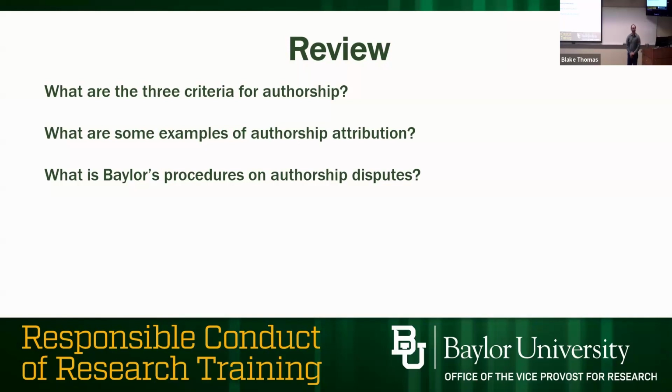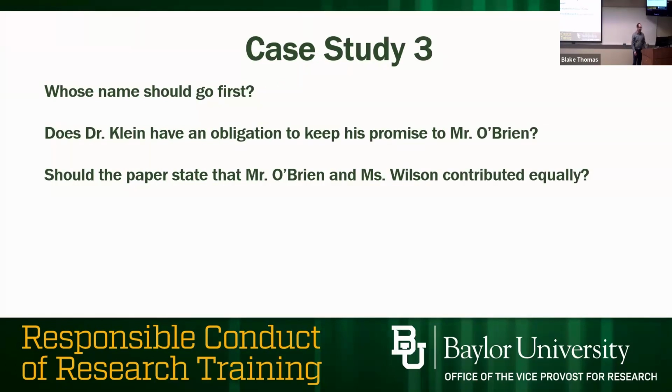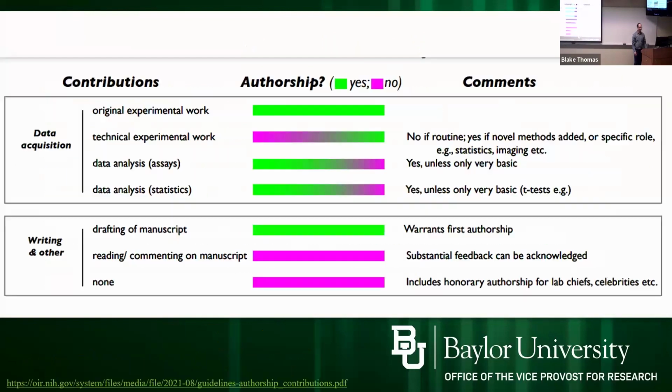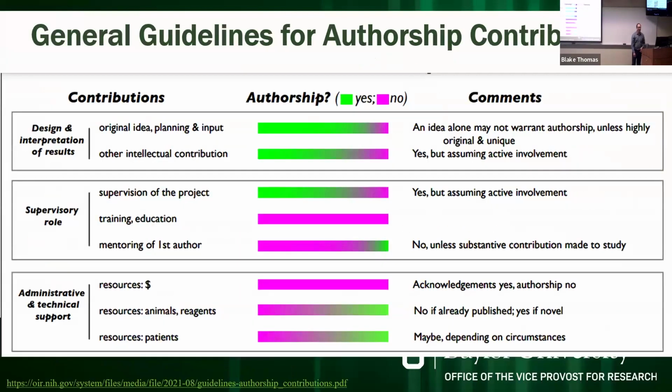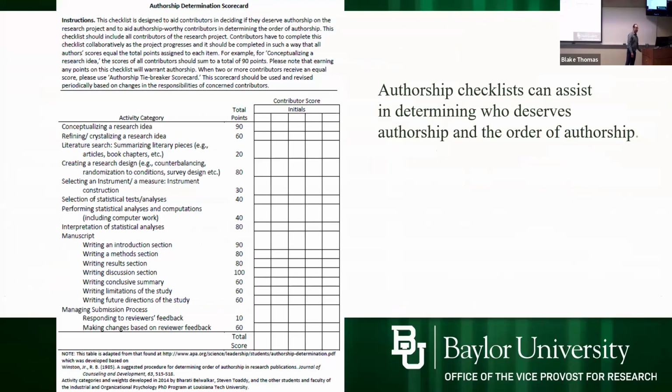I was very intrigued by the slides you presented with the heat maps and the scorecard, because I've long been a strong advocate for data driving policy. This is maybe a naive question. I know a lot of journals are now requiring that we explicitly mention author contributions in our manuscripts.